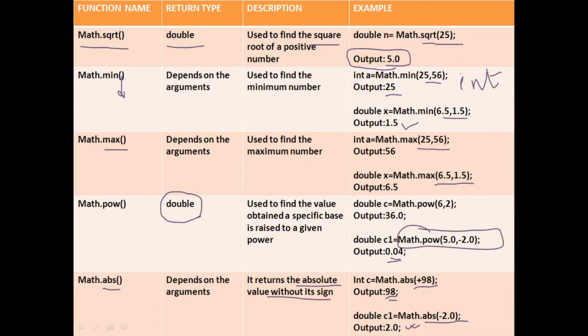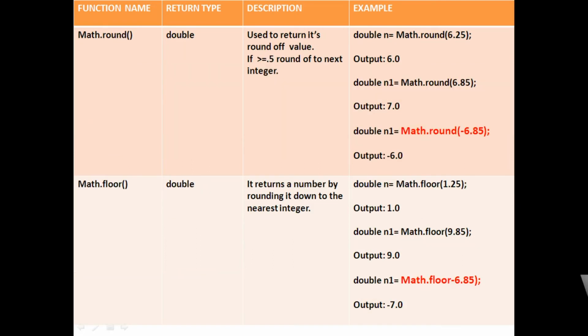Next, we will move forward to the next function, that is math.round. It will also return a double, the rounded value to the nearest integer depending on what is after the precision. If it is 6.25, the 2 is lesser than 5, so it is rounding off to the lowest integer.